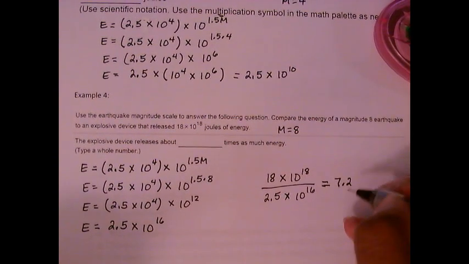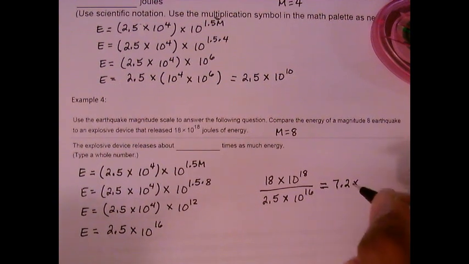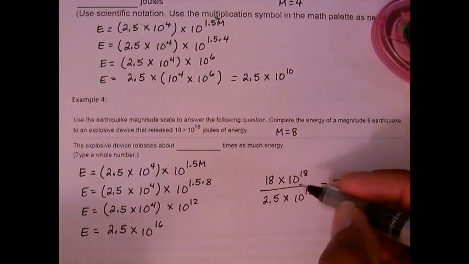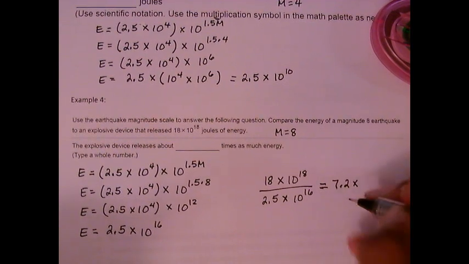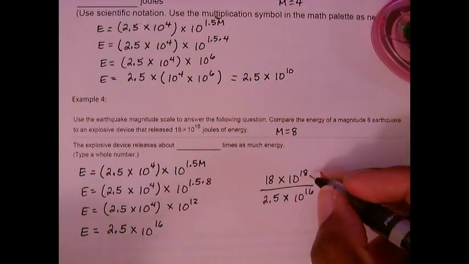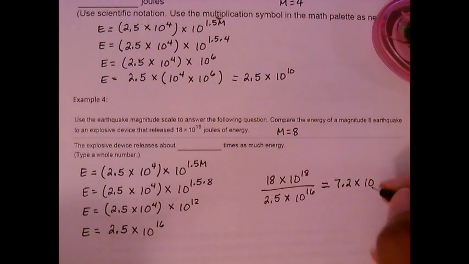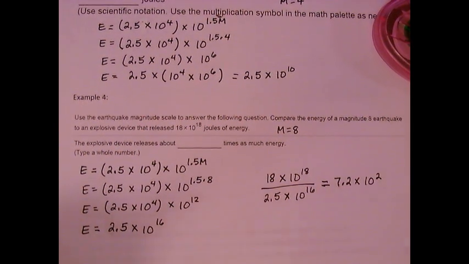Now, there's a rule that says when we divide powers of the same base, we subtract the exponents. So when I divide 10 to the 18th by 10 to the 16th, bring over the 10, but we subtract 18 minus 16, which gives us 2. So it'll be 7.2 times 10 to the 2nd.